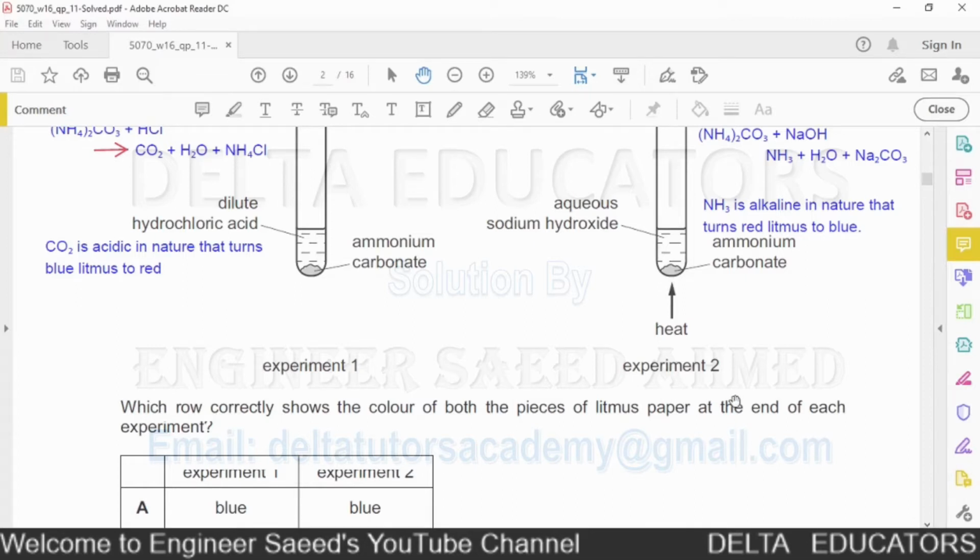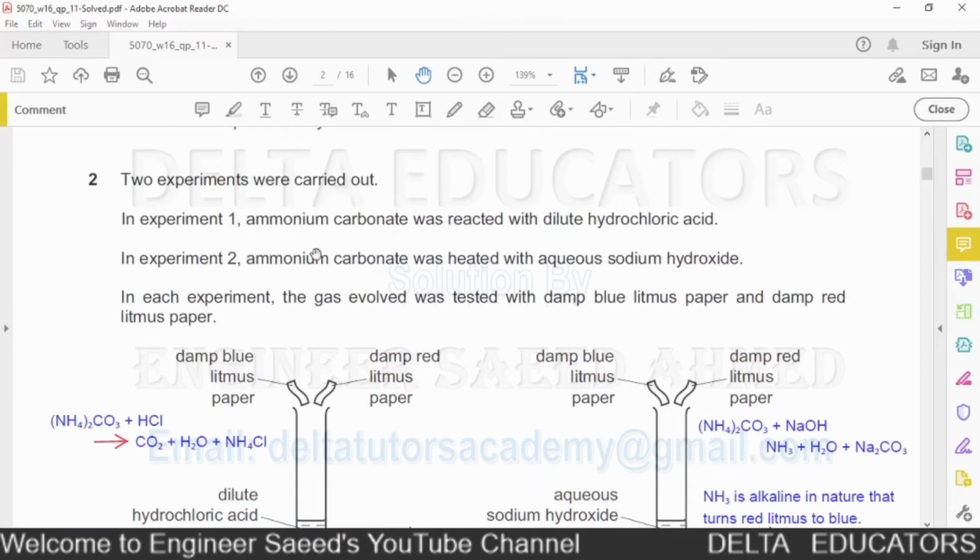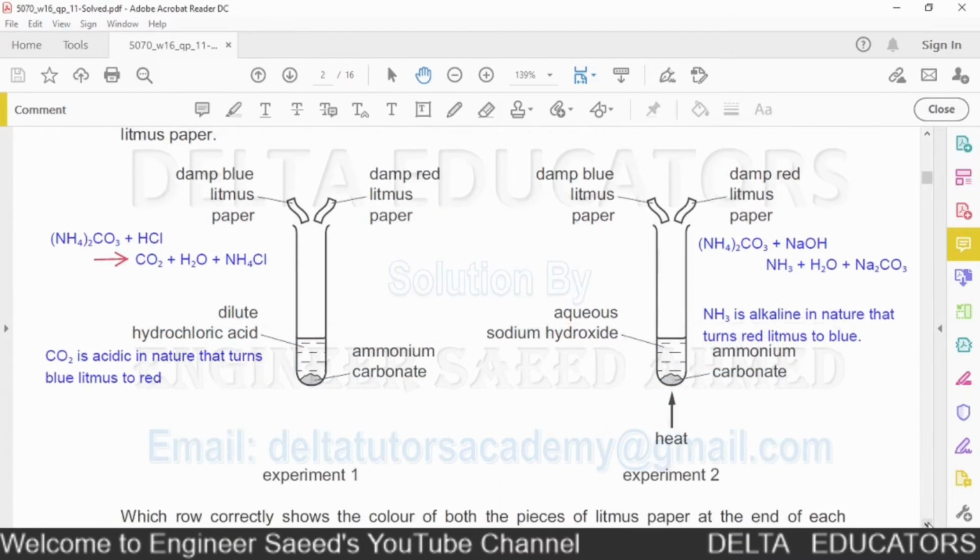Here we have to find out the color of the litmus paper at the end of each experiment, at the end of the reaction. Experiment 1 is between ammonium carbonate and dilute hydrochloric acid. When we react ammonium carbonate and hydrochloric acid, we get carbon dioxide, water and ammonium chloride.